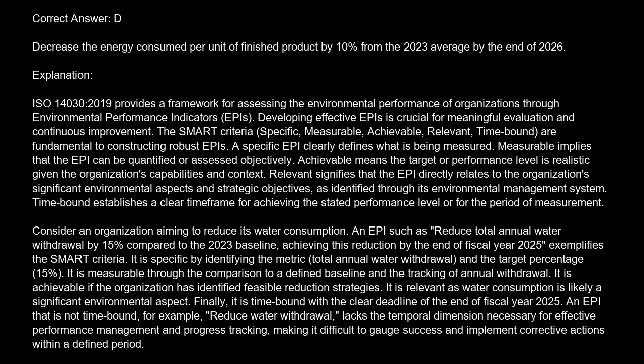It is measurable through the comparison to a defined baseline and the tracking of annual withdrawal. It is achievable if the organization has identified feasible reduction strategies. It is relevant as water consumption is likely a significant environmental aspect. Finally, it is time-bound with the clear deadline of the end of fiscal year 2025.